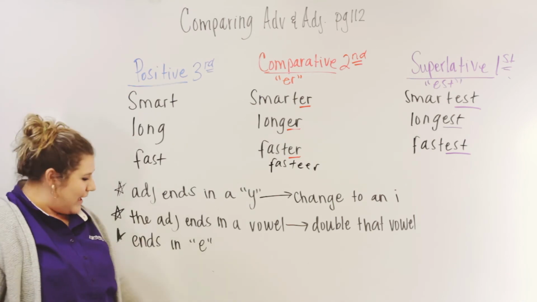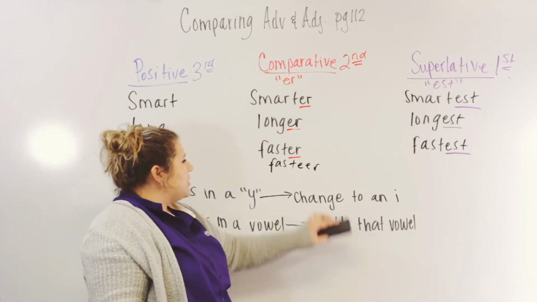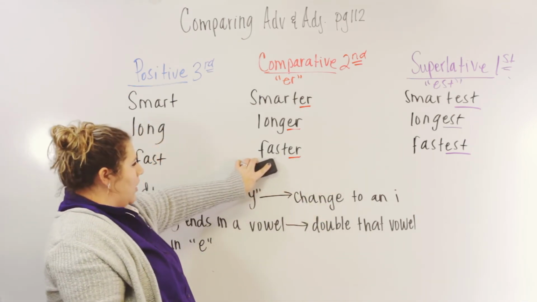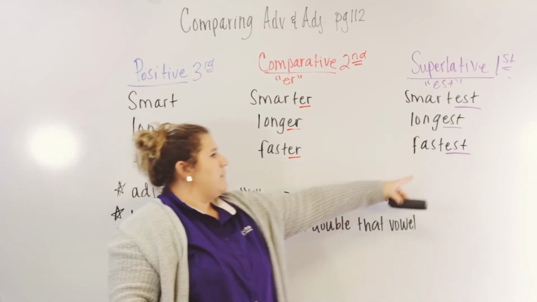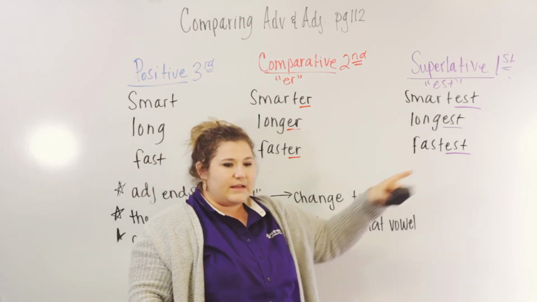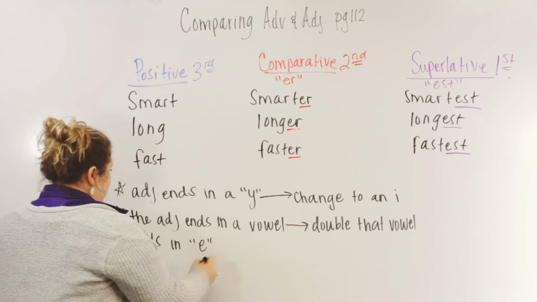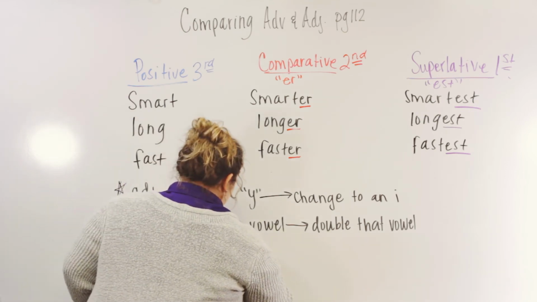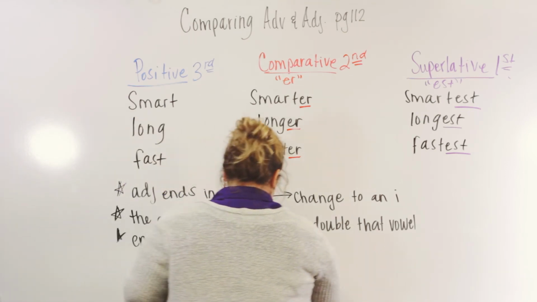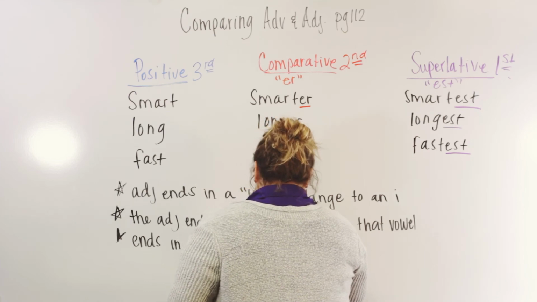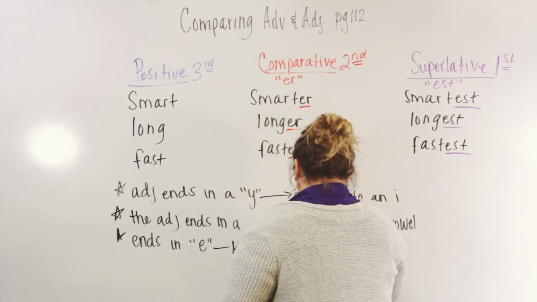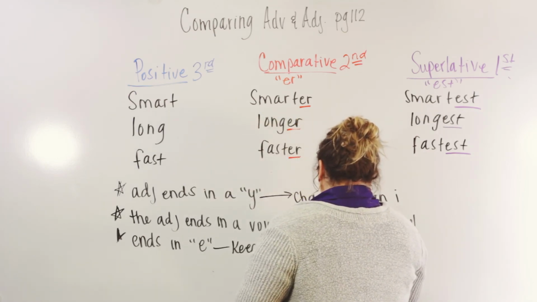That's not a word, guys. Okay? So we would just add the R. Okay? And for this one, we would just add the ST. Okay? So keep the original E. Don't add an extra.